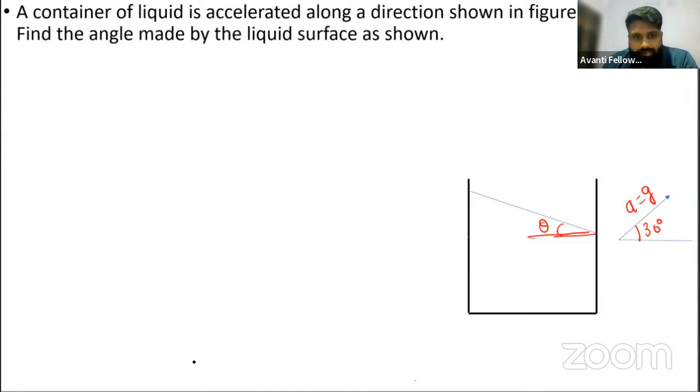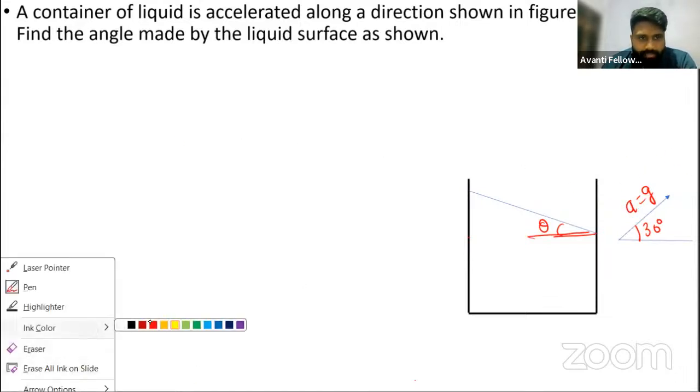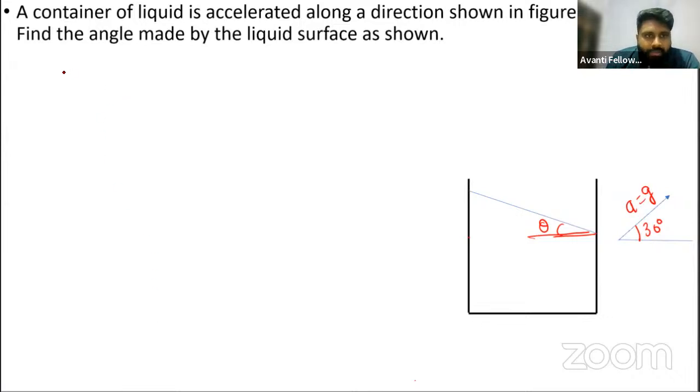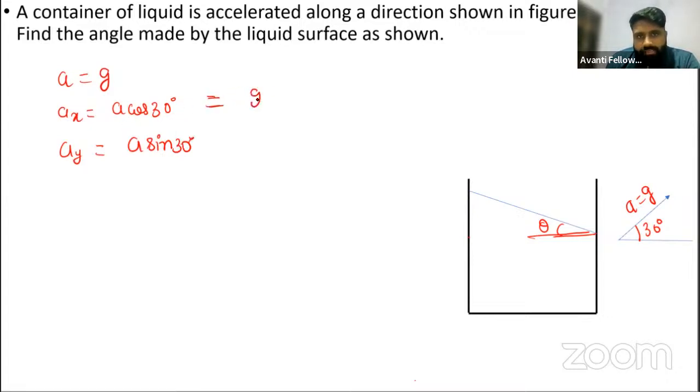So here a is g. AX would become a cos 30 and AY would become a sin 30. So a cos 30 is g cos 30, root 3 by 2, so it is g root 3 by 2 meter per second square.